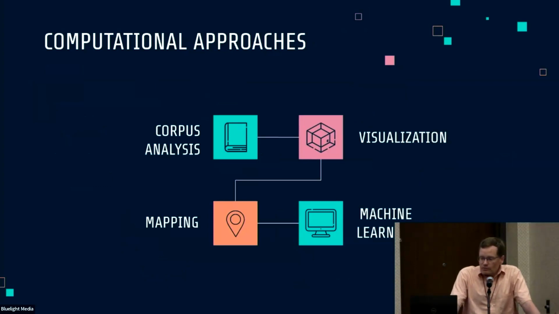So there are a number of different computational approaches. We won't talk about all of them. There's corpus analysis, there's visualization, there's mapping, as well as machine learning. The major project that Corey and I were involved in that introduced us to collections as data was an analysis we did several years ago of the American Archivist. We took all of the text of the articles of the American Archivist.